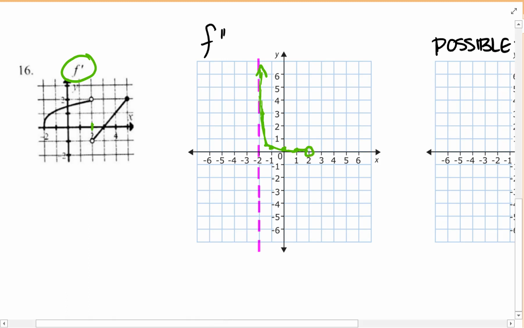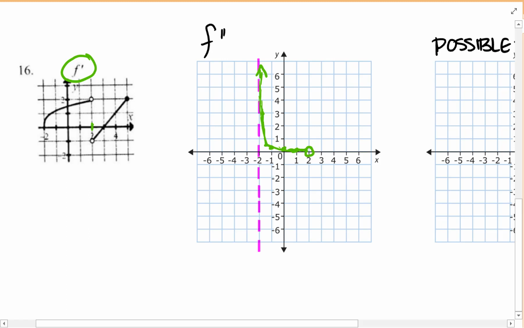Now, how did I know that that would be a hole and not a vertical asymptote? The y values for 0, 1, and 1.5 were all approaching the x value of 2, and we're approaching the y value of 0.